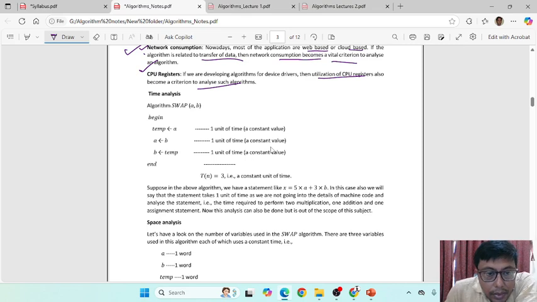Now you see over here this algorithm swap takes A and B as the two inputs. Begin, temp.